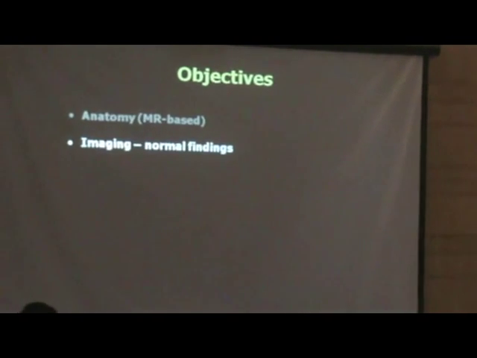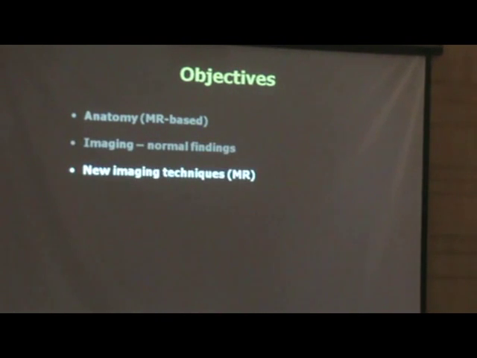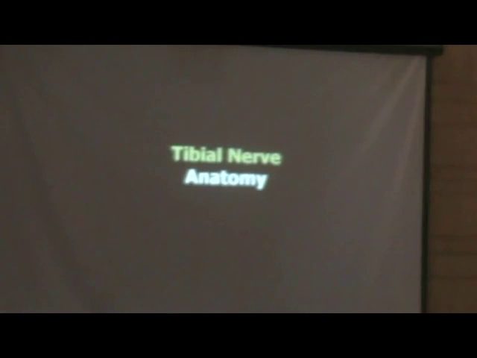Of course, I will give you some insight on the normal findings in imaging and really show you briefly some new imaging techniques available on MRI to assess the peripheral nerves. And this is not only around the ankle and the foot, this is everywhere in the lower and upper limbs. And of course, I'm going to show you some examples of pathology leading to entrapment neuropathies.